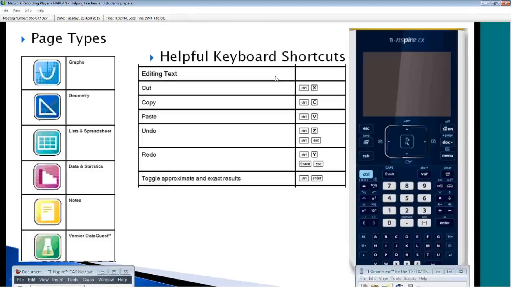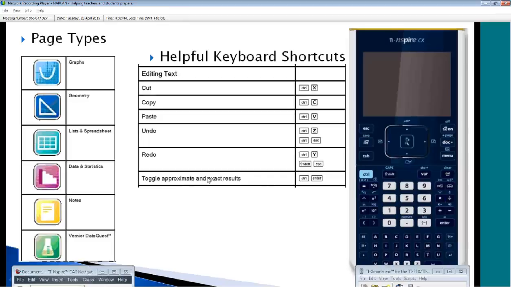There are some helpful keyboard shortcuts. I think the easiest thing to remember is that if they're used to using, say, Microsoft Word, to cut something out and transfer it is Control-X, to copy it, Control-C, to paste it, Control-V. Undo is either Control-Z, which comes in very handy, or Control-Escape. To redo is Control-Y.